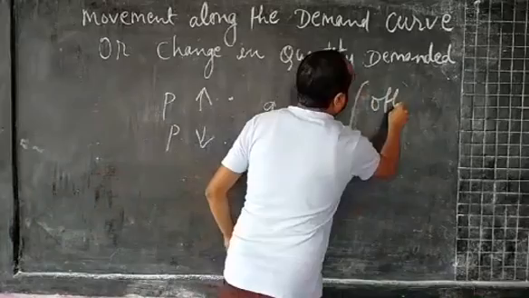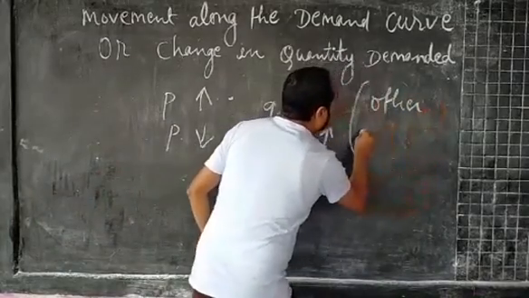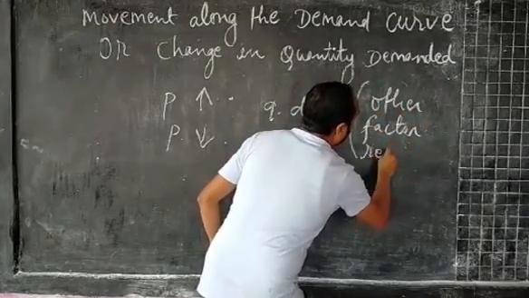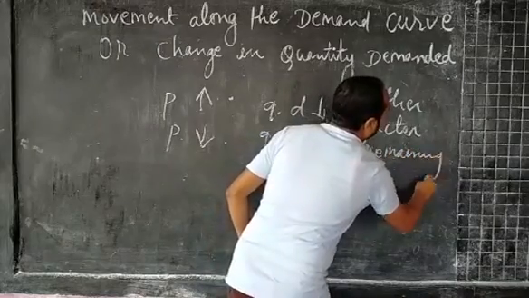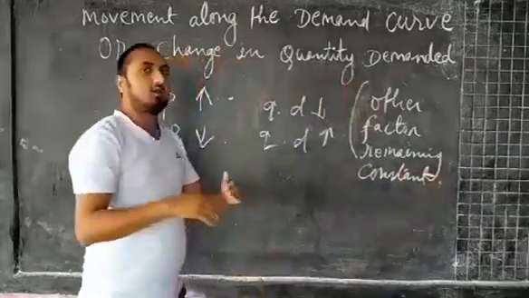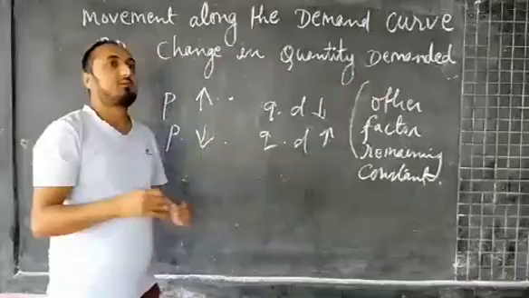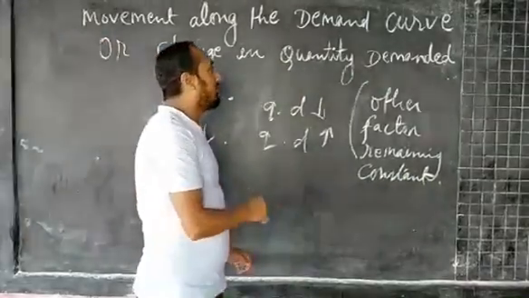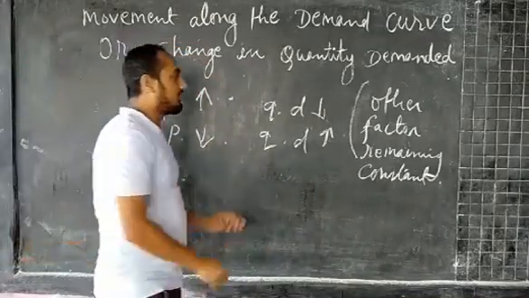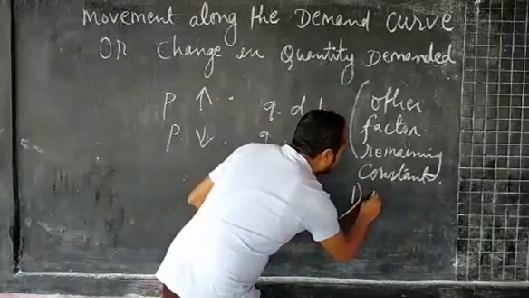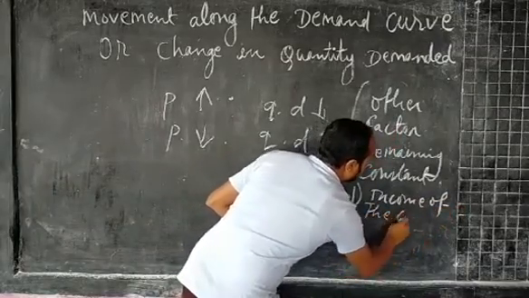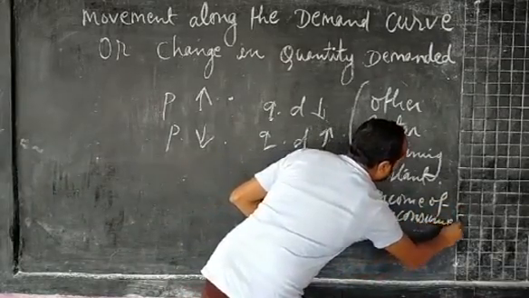But other factors remaining constant. As I have already defined, what are the factors that are going to remain constant while defining the change in quantity demand or movement along the demand curve? Number one, it will be income of the consumer.